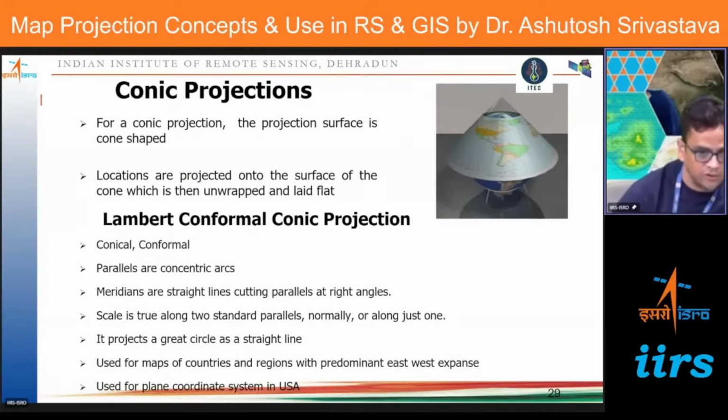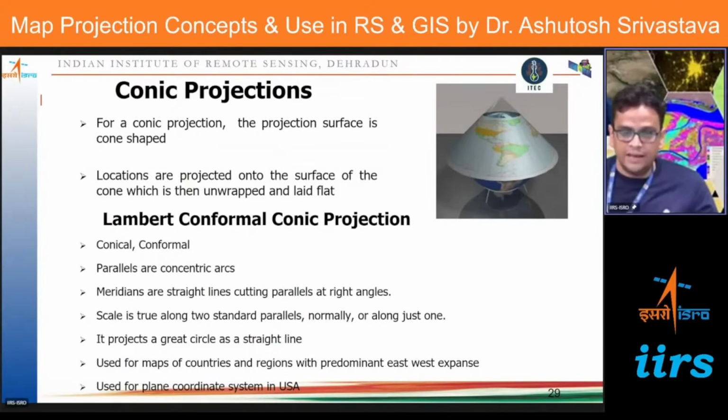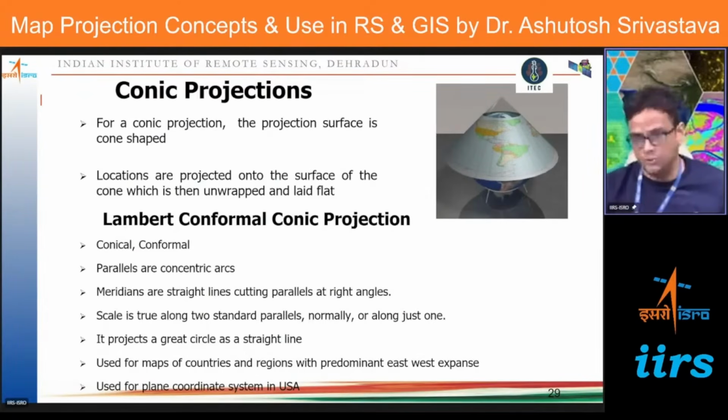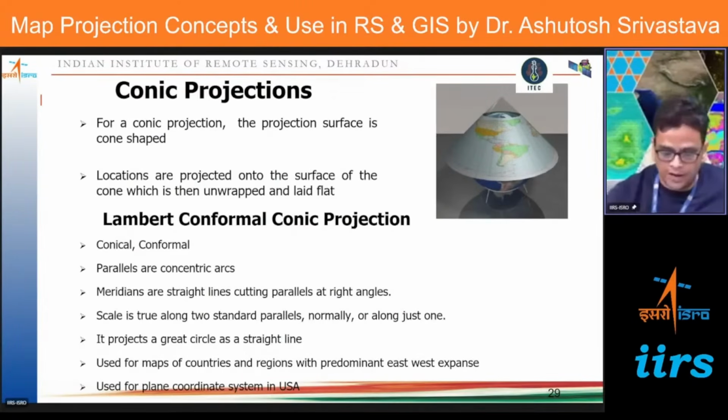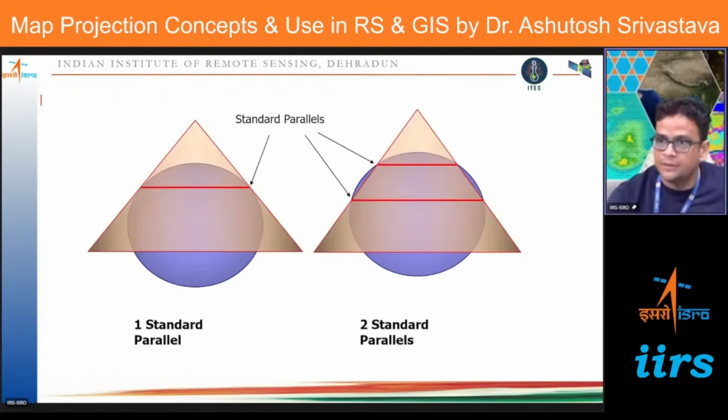Parallels are concentric arcs. Meridians are straight lines cutting parallels at right angles. Scale is true along two standard parallels normally, or along just one. If it is a tangent case, then it is one. If it is a secant case, there will be two standard parallels.